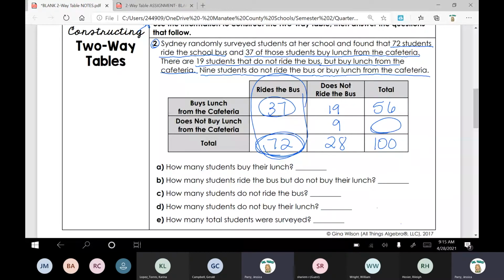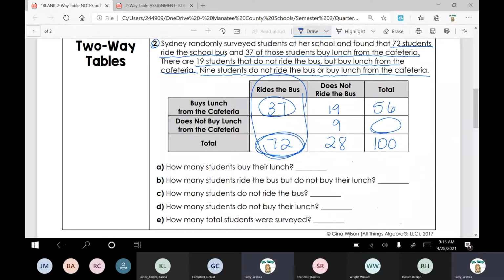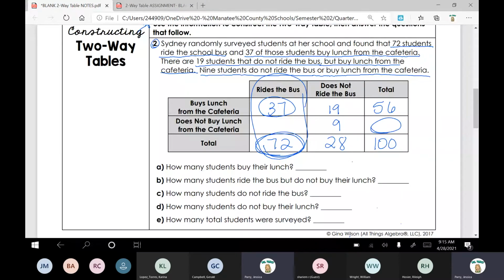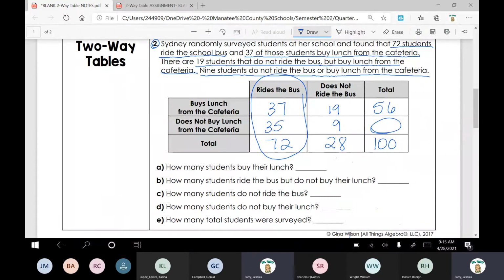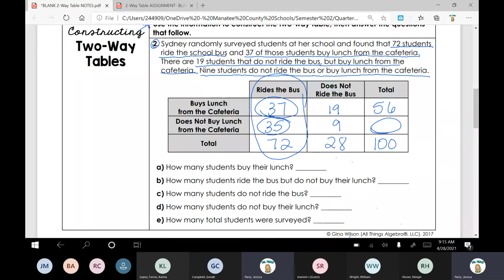So then 72 minus 37, that's going to equal our empty blank, and then we get 35. You can even double check and make sure that you did it correct. It should be 37 plus 35, and then you get your 72.